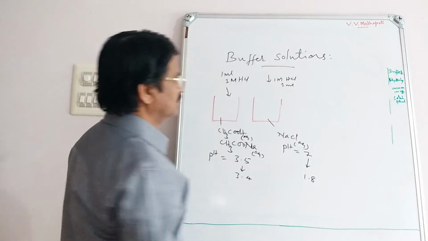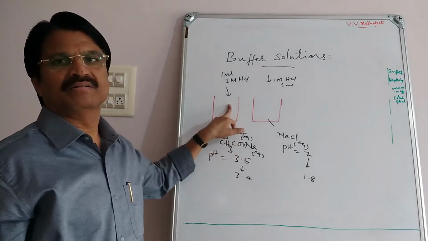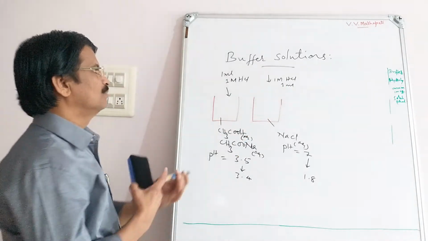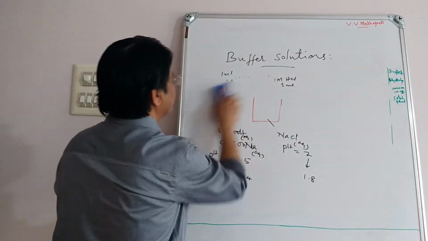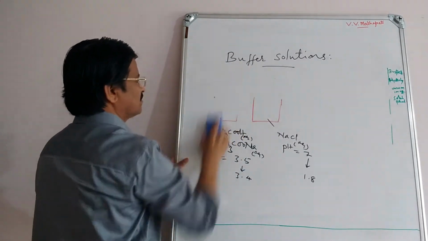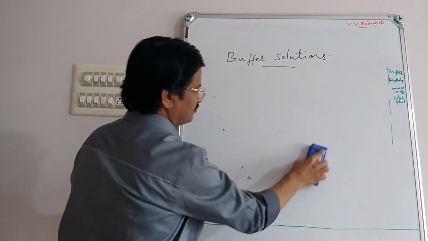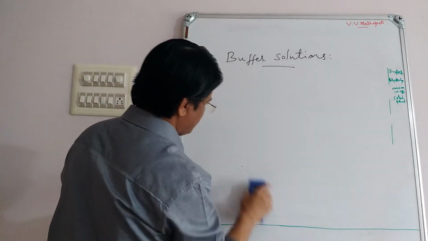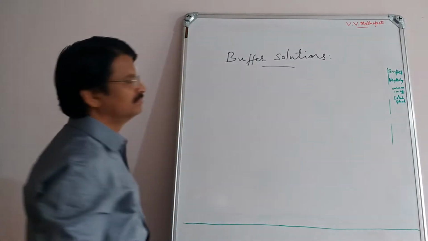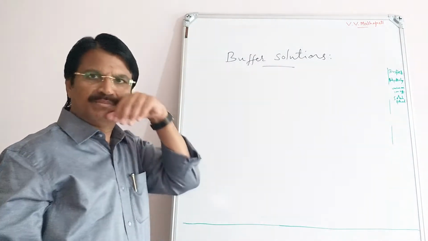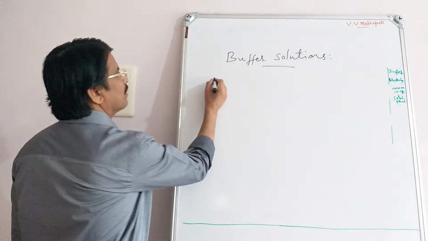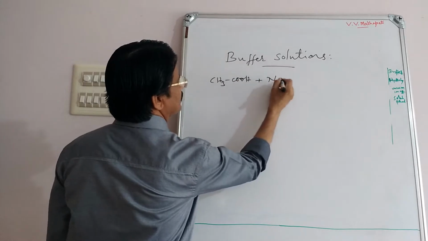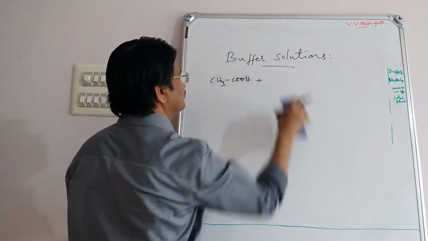In buffers, there are 3 types: first acidic, second basic, and last neutral. Acidic buffer, basic buffer, and neutral buffer. First type: acetic acid plus sodium acetate.